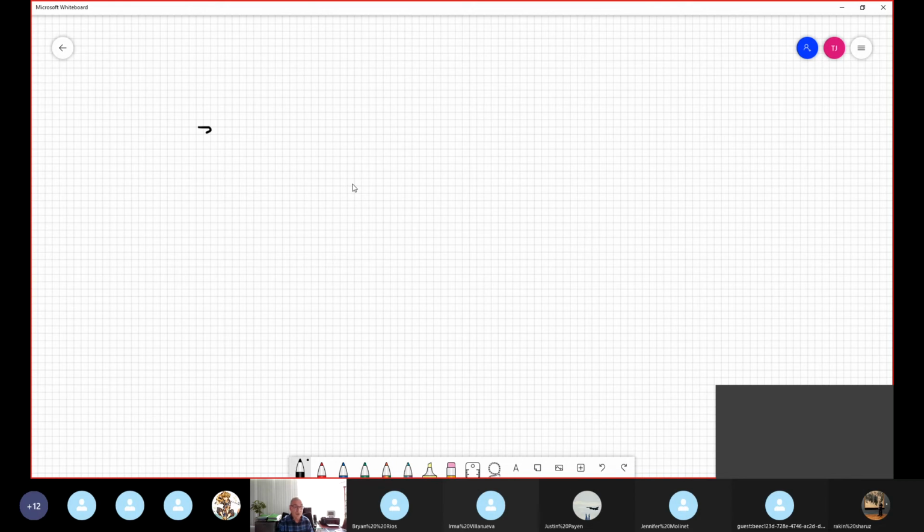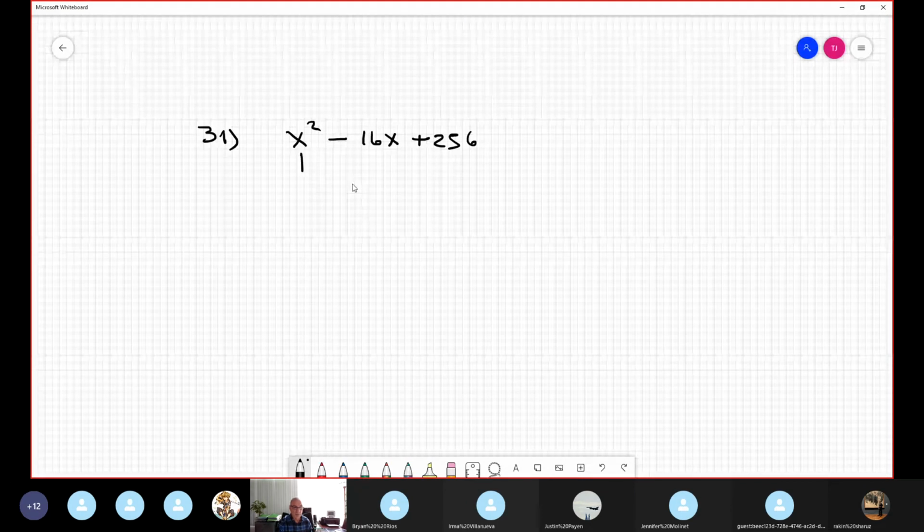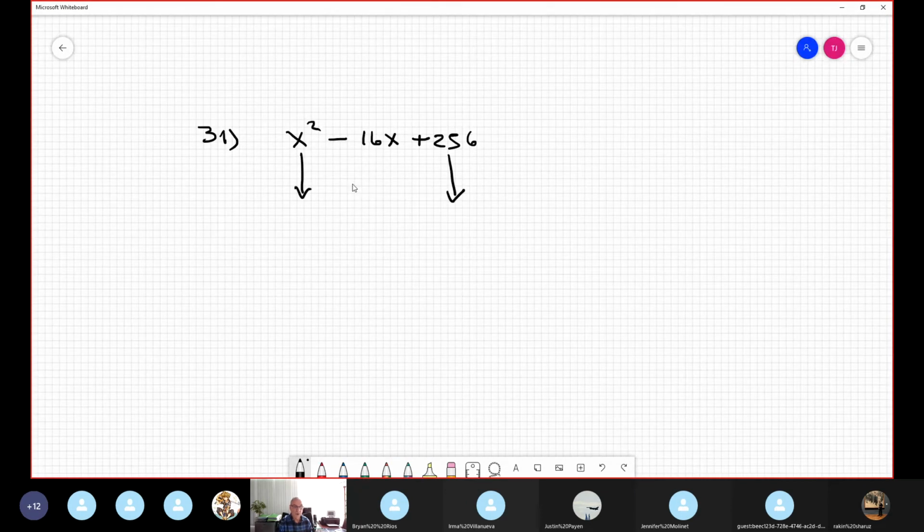Let's move on to the 31st. The 31st is x squared minus 16x plus 256. Well, I can do it like a regular trinomial or I can do it like a perfect square. Suppose I'm doing it by perfect square. You apply the square root: the square root of the first and the square root of the last.